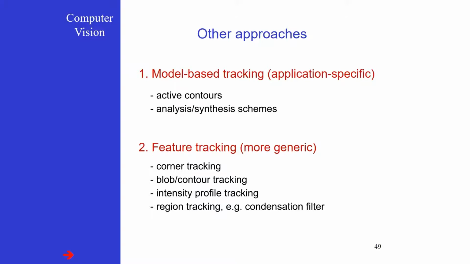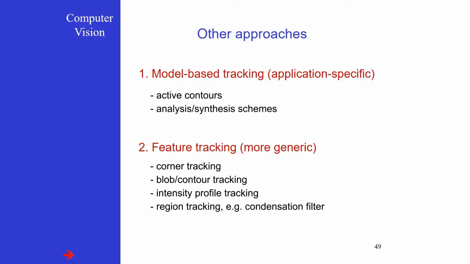And then there are feature tracking methods that follow more generic things like corners or blobs and so on. There's also the condensation filter. I think it's still in the course text for those interested. And those are more general trackers.